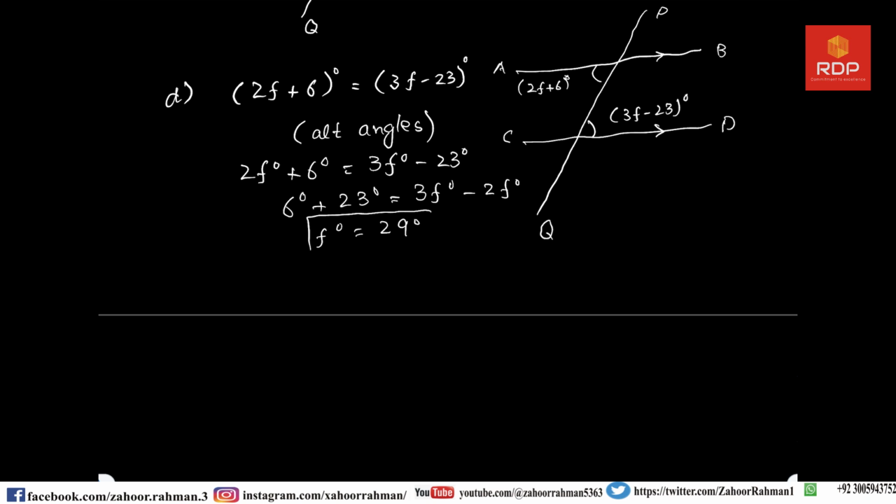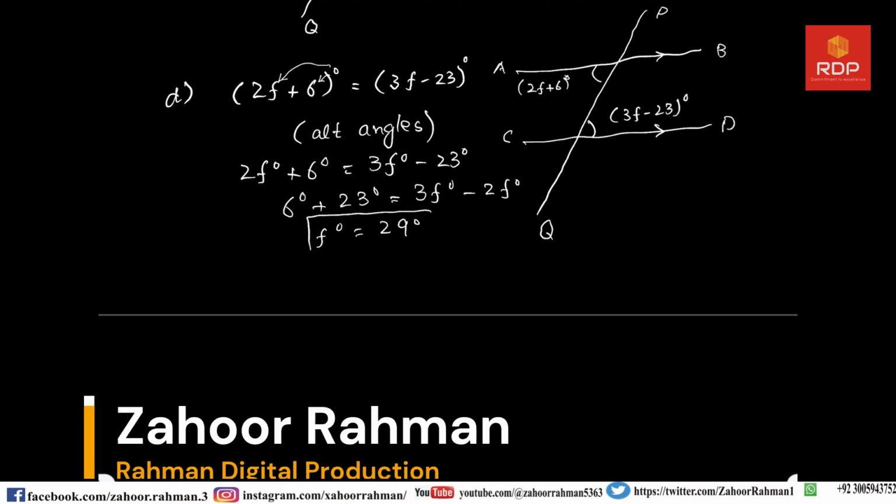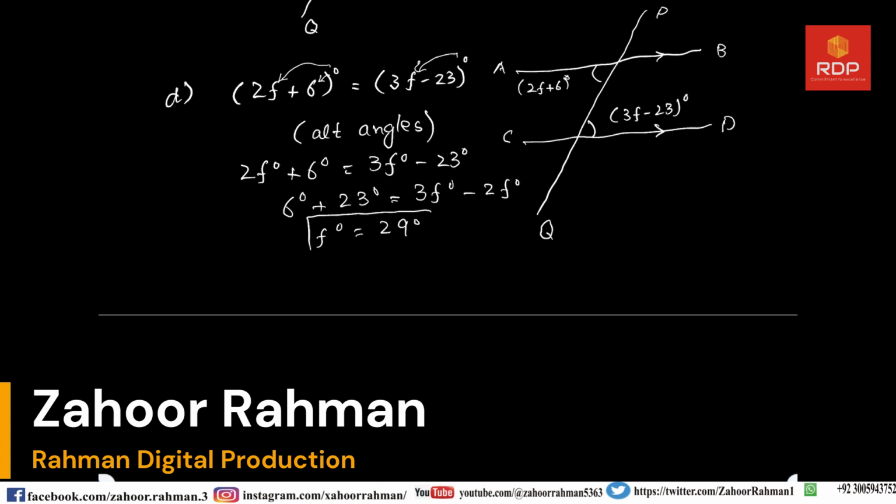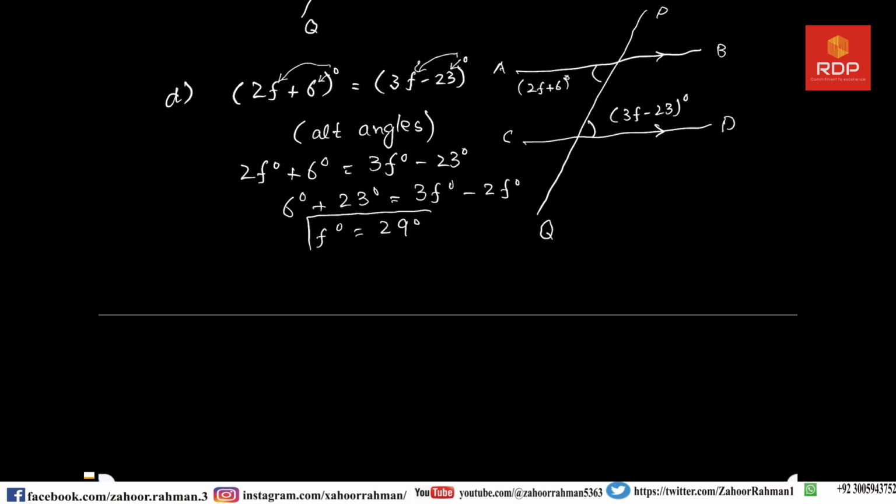You have to keep this in mind. First of all, I am giving the degree to this one and to this one, and I wrote 2f degree plus 6 degree is equal to 3f degree minus 23 degree. Okay, we open the parentheses.